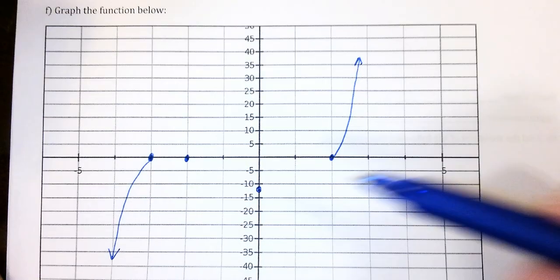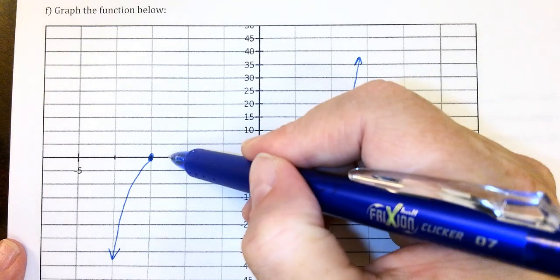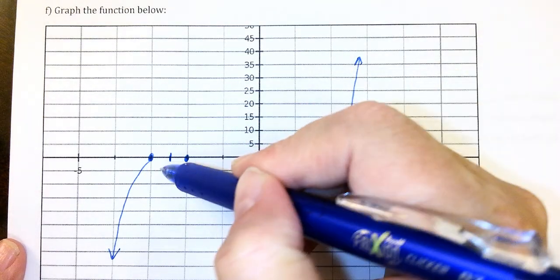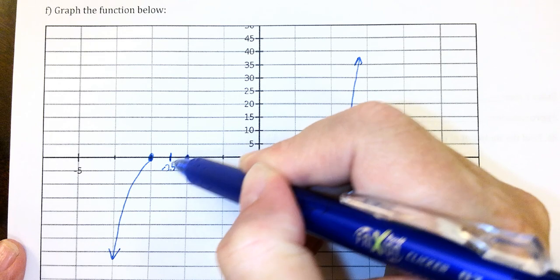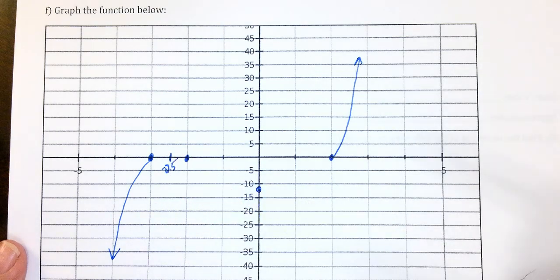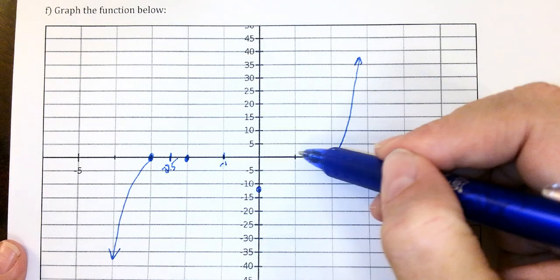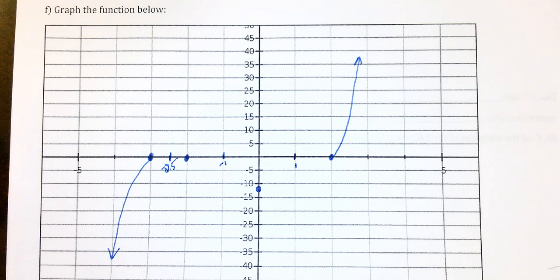So with any graph, you can pick any number for your x value, plug it in, and find a y value. So what I would like to do now is figure out what happens here at negative 2.5. Can that give us an idea of how far up this goes? What happens here at negative 1? And then what happens at 1. And this is not going to be perfect.